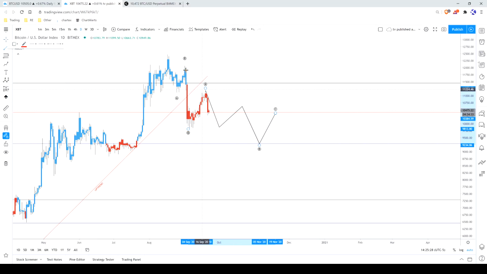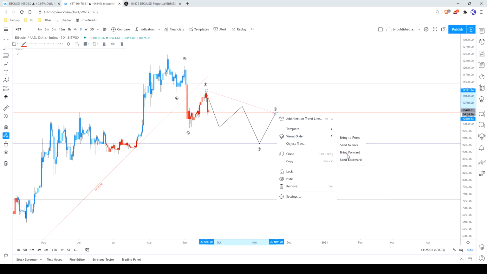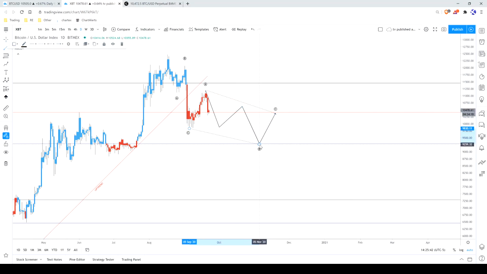So if we've completed this move down, then we could see something like this. That's annoying, slow, grinding. It wouldn't be fun. Likely, some alts would continue to bleed out further, specifically alts like XRP, Tron, EOS, some of the older alts that have been showing weakness.